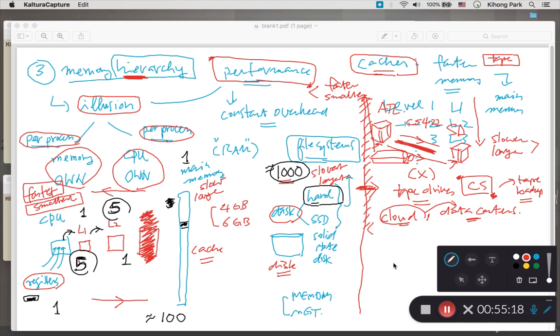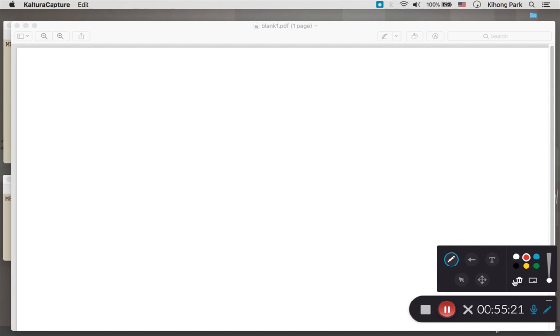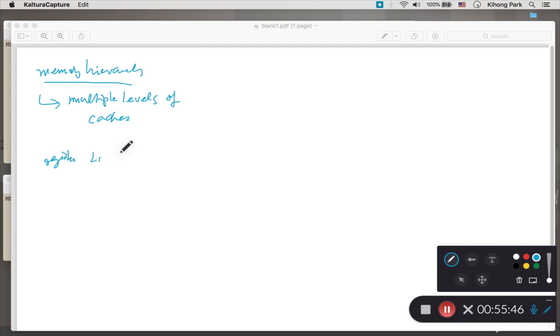So with that in mind, now let's go to the essential part, which is when we have such a memory hierarchy, and our worldview is one of multiple levels or layers of caches, from registers to L1, L2, we're leaving out L3, L4, etc., to main memory, I'll just call it RAM, roughly, to disk.